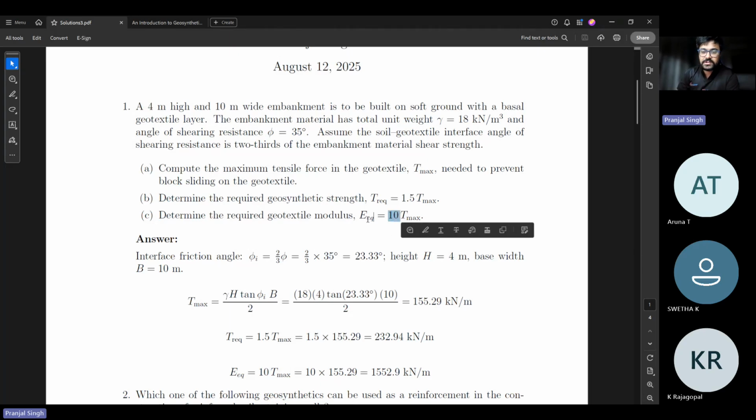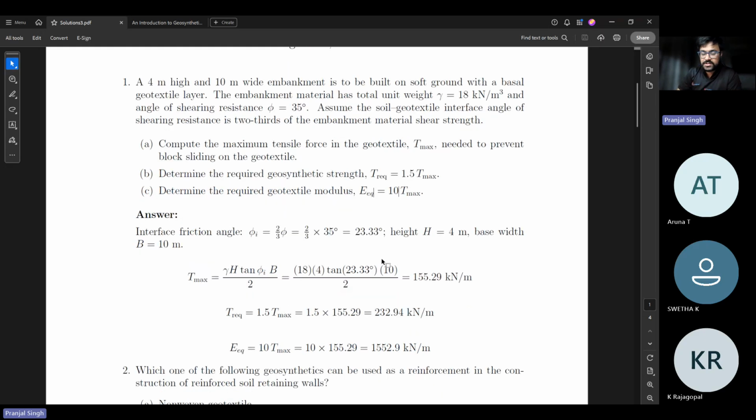It's because you are actually limiting the strain value to 0.1%. That is why you are dividing it by the strain value in order to get the value of 10. So allowable or maximum tension divided by the allowable strain will give you the required modulus.